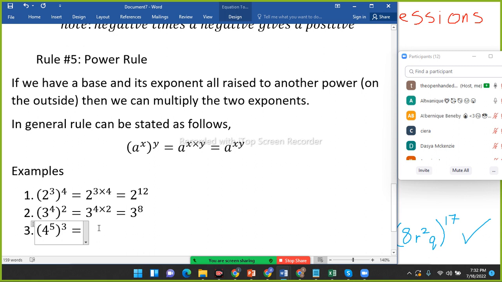Albernic. 15. Excellent. 4 to the power of 15. So 4 to the power of 5 times 3 is equal to 4 to the power of 15.